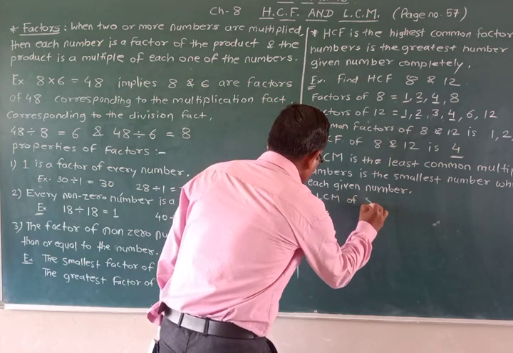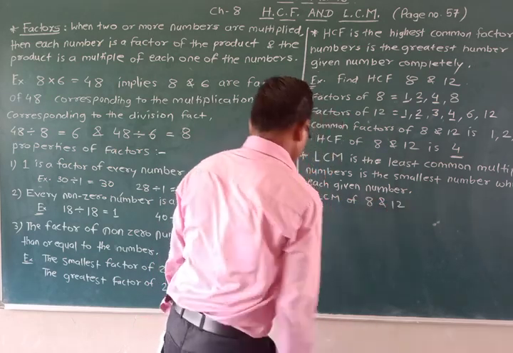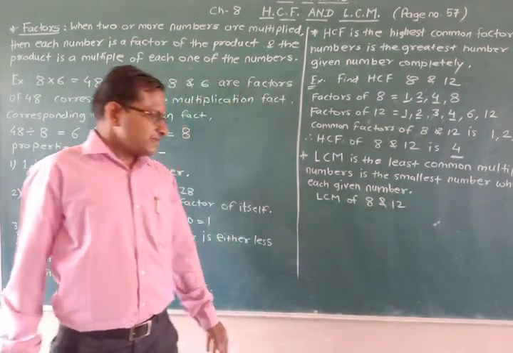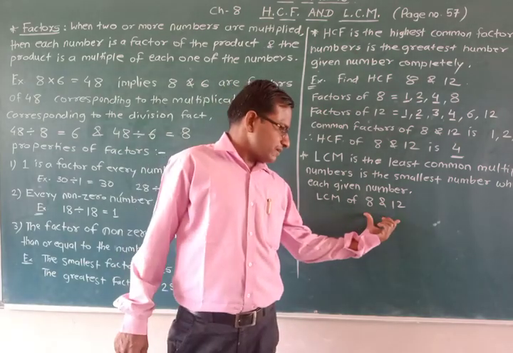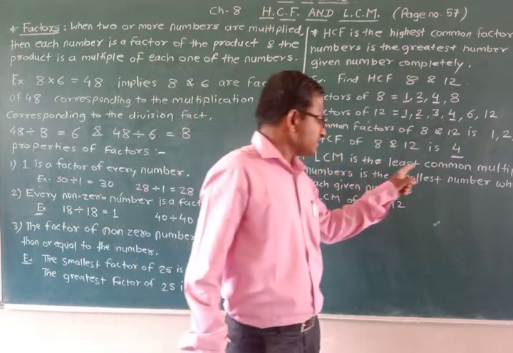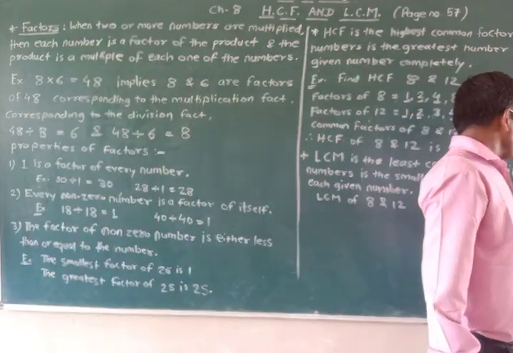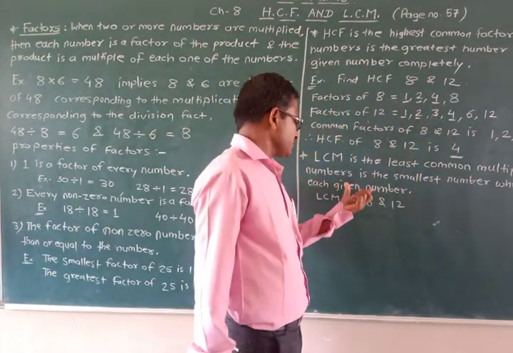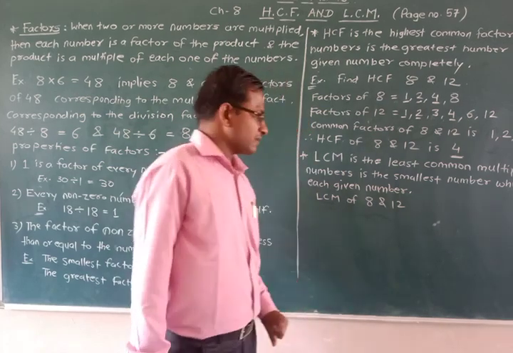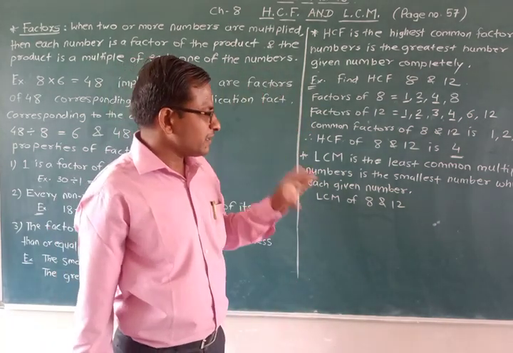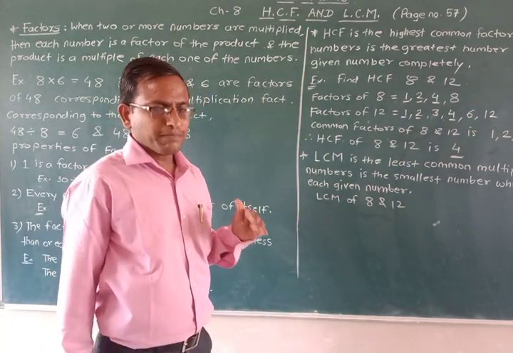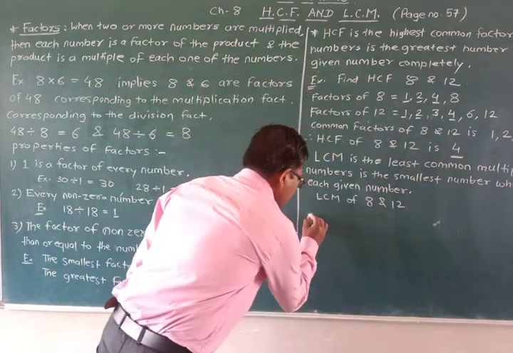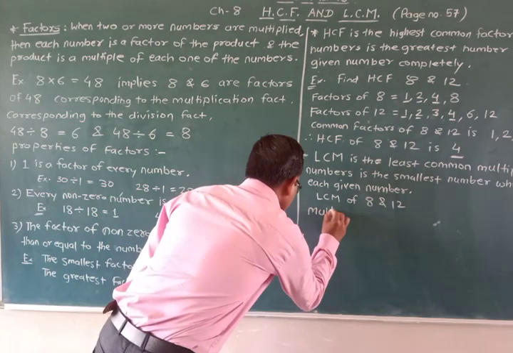LCM of 8 and 12. LCM is the least common multiple of two or more numbers, the smallest number which is divisible by each given number. You know multiple means repeated addition. So first you write the multiples of 8.